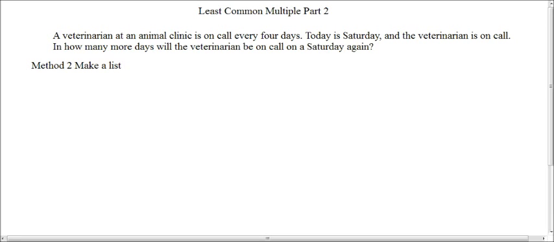So let's take a look at method 2, which is making a list. The first thing we want to do is list the multiples of each number.